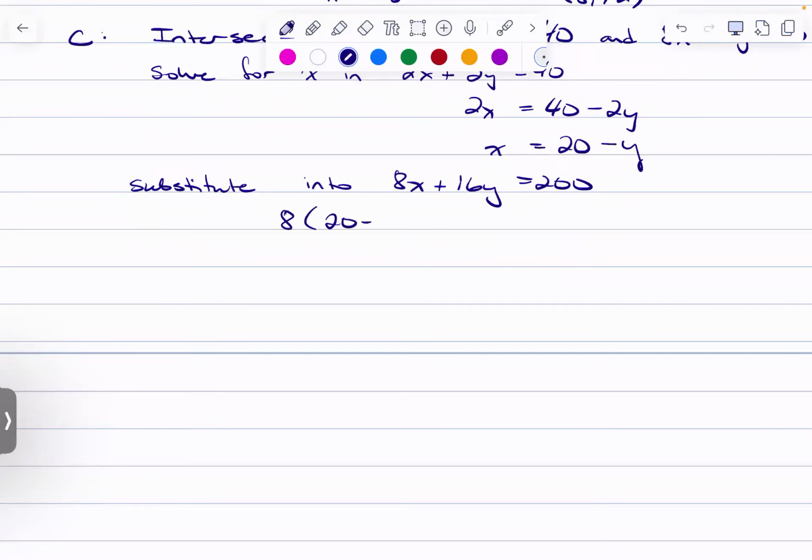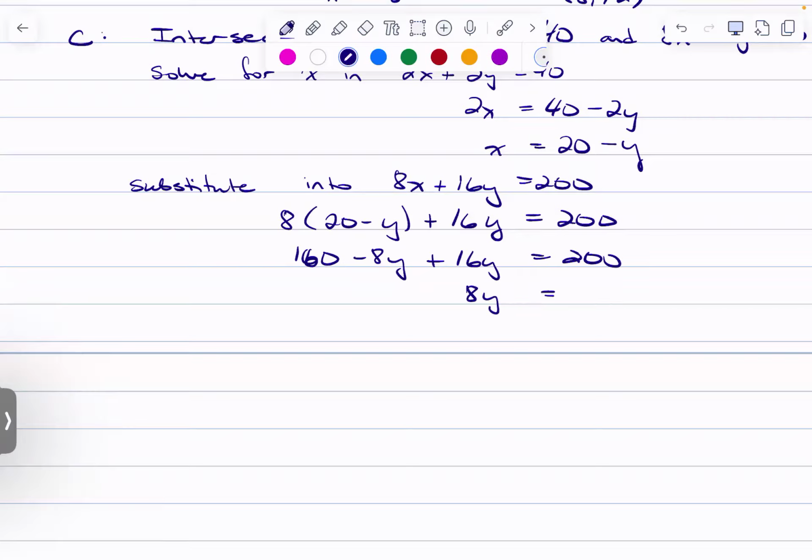8 times 20 minus y, plus 16y is 200. Okay. Don't forget any zeros, Emily. 8 times 20. I know. 160 minus 8y plus 16y is 200. 16 minus 8 makes 8y, which is 200 minus 160, which is 40.